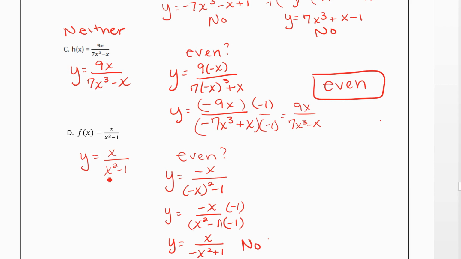Okay? Now, let's look at odd. So there we have to replace y with negative y. So we'd have negative y equals negative x over negative x squared minus 1. Now, the negative x squared just becomes x squared.